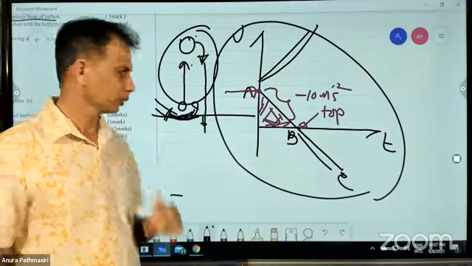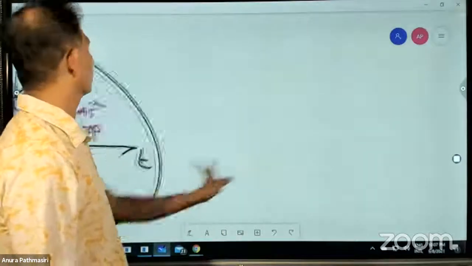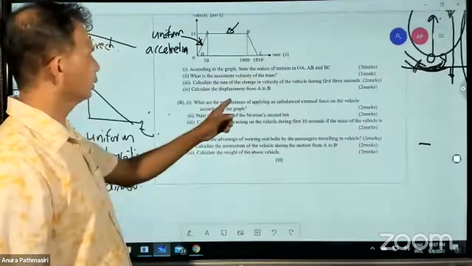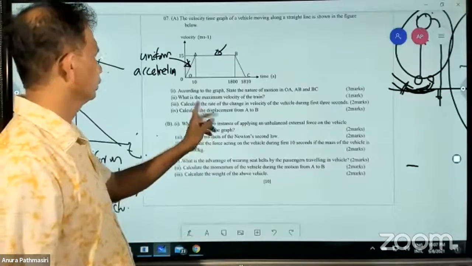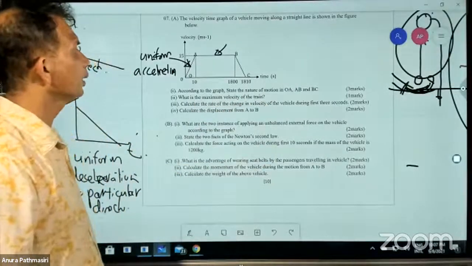Yes, sir. Nice. Now, state the nature of the motion OA, AB.